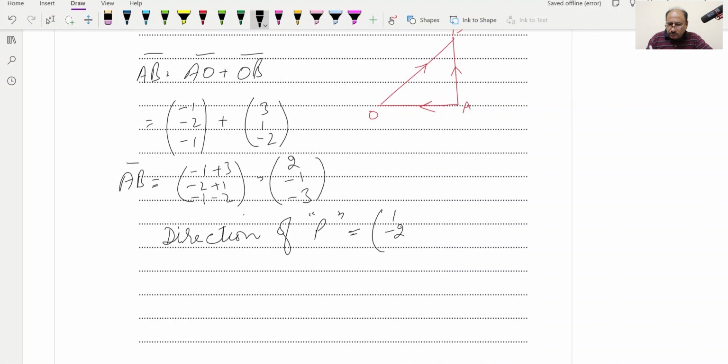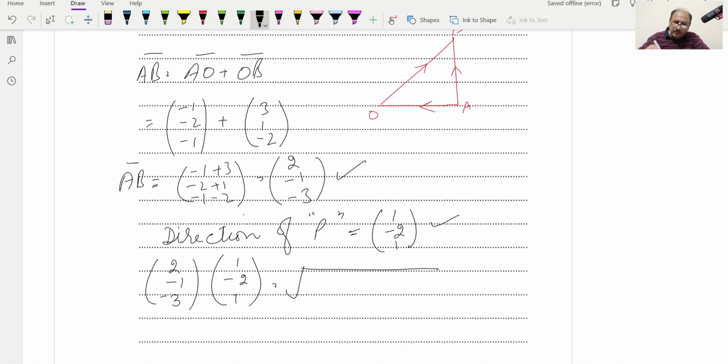We multiply this vector which we found, AB, with the direction, 2, -1, -3 with 1, -2, 1. Basically we will be writing magnitudes, and this will be equal to the magnitude of this one multiplied by the magnitude of that.